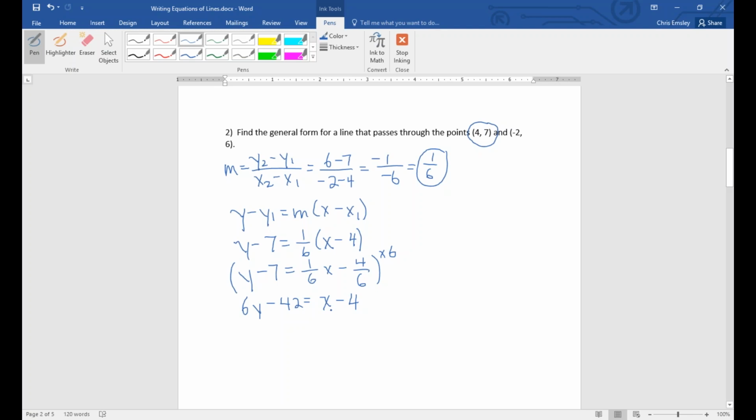General form means we need our x's and y's on the same side. So I'll move my x over. And we need all our constants on the other side, so I'll add that 42.